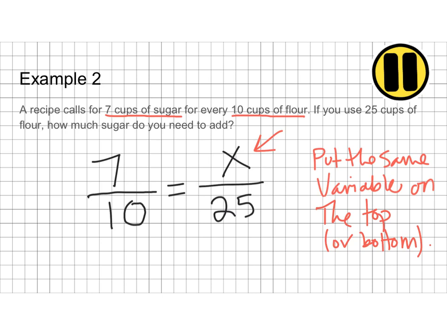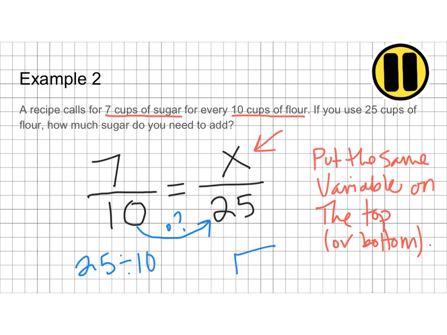So the part that we know is the 10 and the 25. So 10 times what gives me 25? Maybe I don't know that right off the top of my head. Well, how can we figure it out? We can work backwards. We can divide. We can do 25 divided by 10.